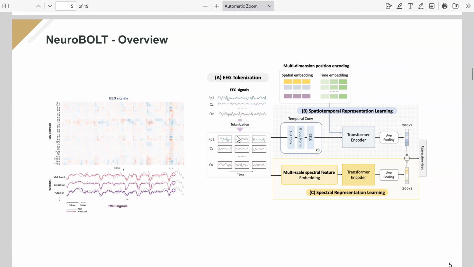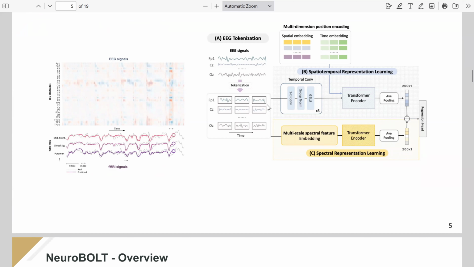So they do a straightforward tokenization, just a window-based tokenization. And they have a normal spatial embedding. I think it's just a cookie cutter sinusoid spatial embedding, nothing crazy complicated. A temporal embedding as well, so they're embedding the electrode space and the temporal space, right?